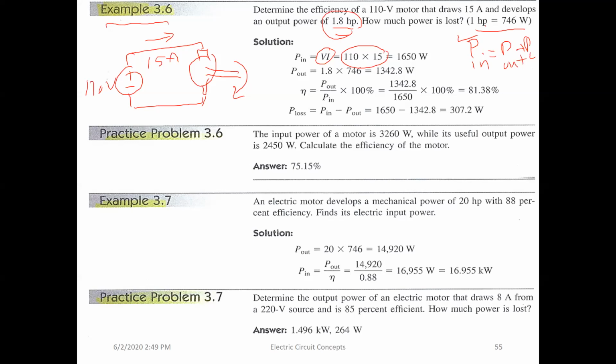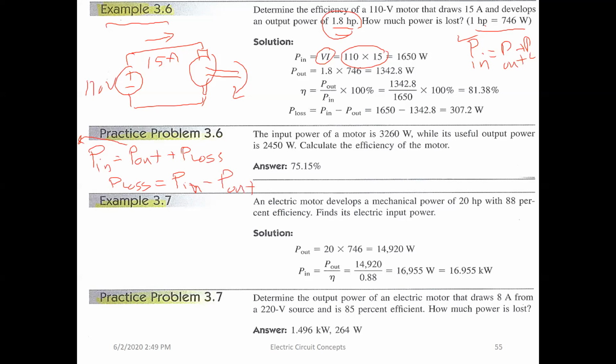Okay, so again, I'm going to write down the formula again here with large space. We have Pin equals P out plus P loss. So if I want P loss, I move this to the other side, and it will become Pin minus P out.